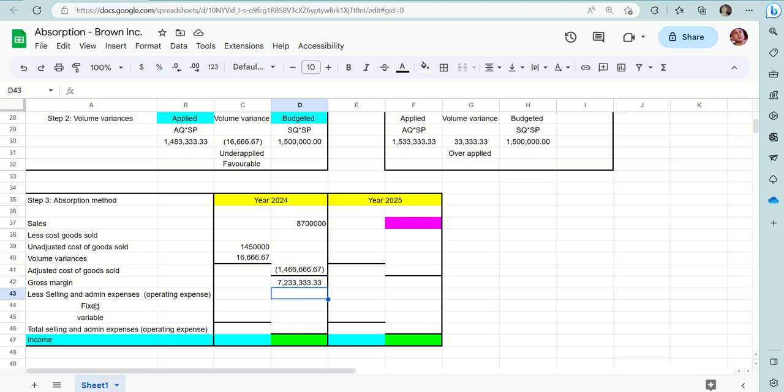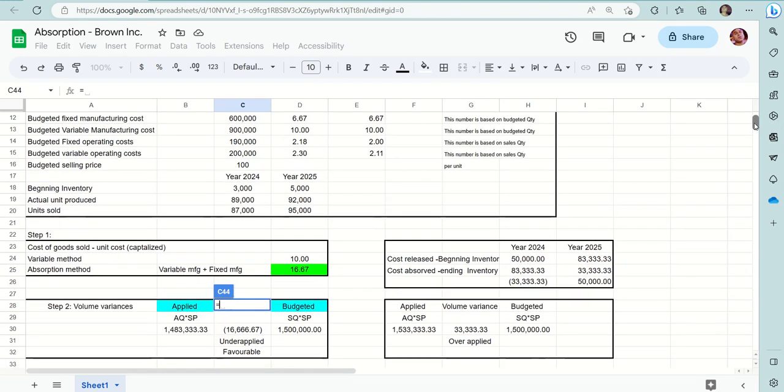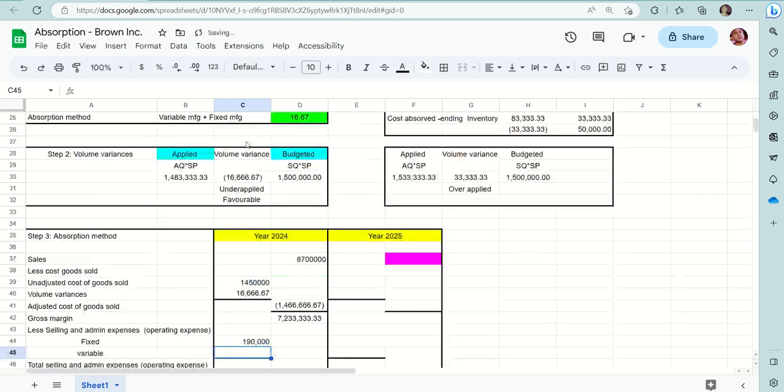So now we find the selling and admin expense. Now these are based on the quantity sold. Our fixed cost wouldn't change, so we would put exactly the same amount, 190,000.